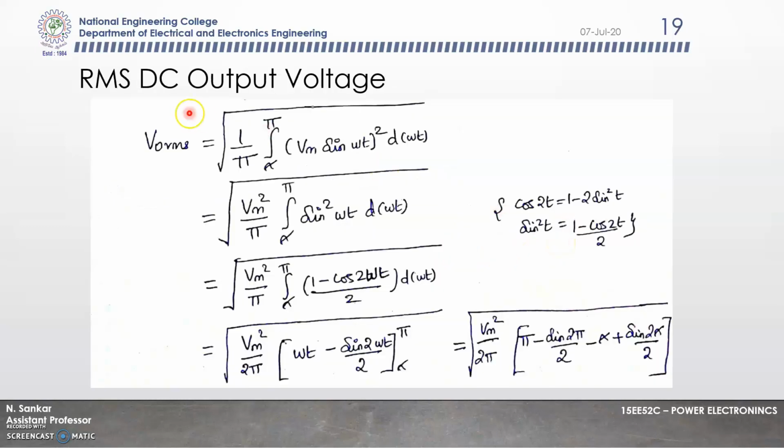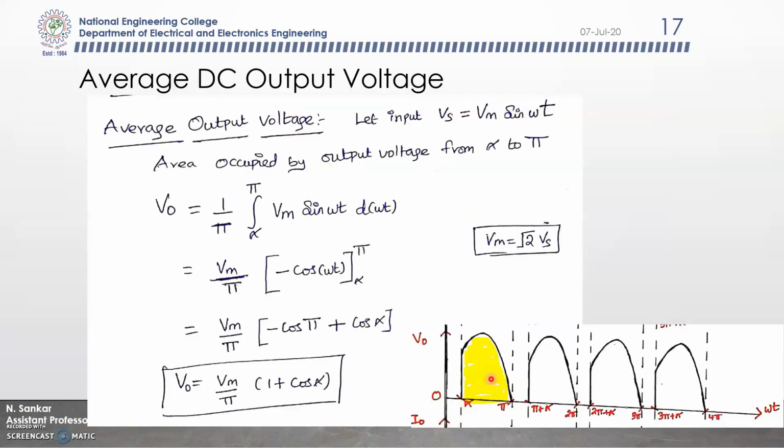So next our aim was to find the RMS DC output voltage. RMS voltage is nothing but the square root of the area of the squared waveform divided by the time period. Here also we deal with the same output voltage waveform over the same time period, from 0 to pi, and the area is between alpha and pi.